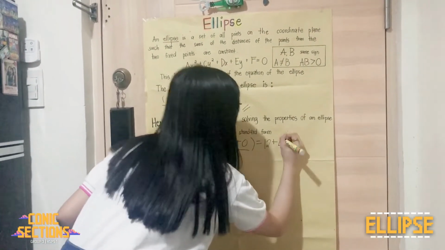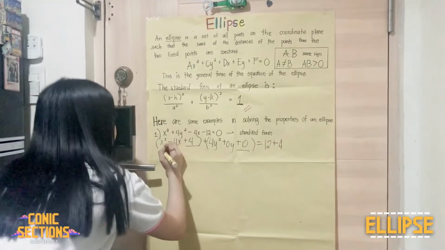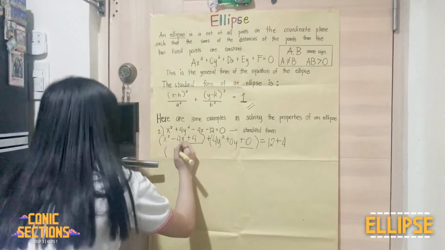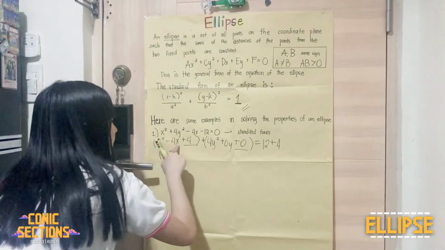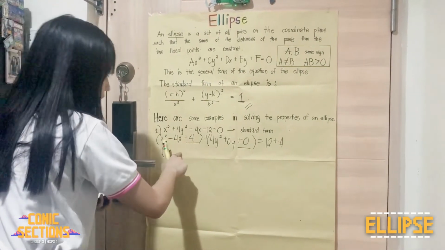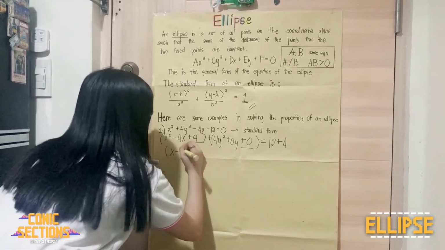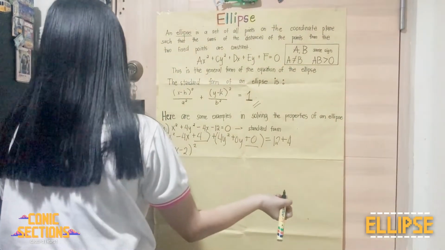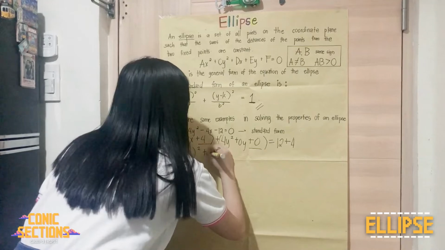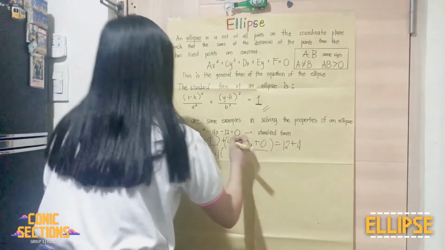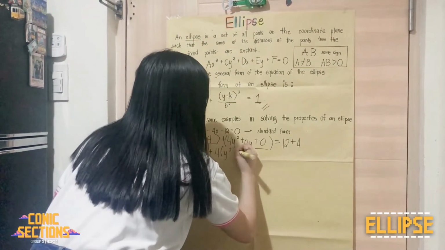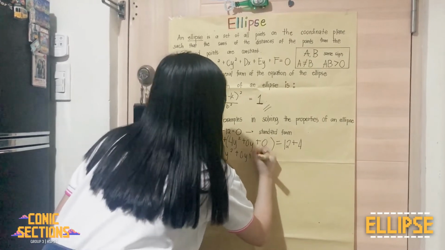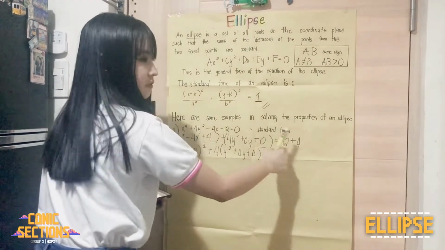Plus 4. We have to simplify. So x, 4 divided by 2 is equal to negative 2, squared, plus 4y squared plus 0y plus 0 is equal to 12 plus 4, 16.